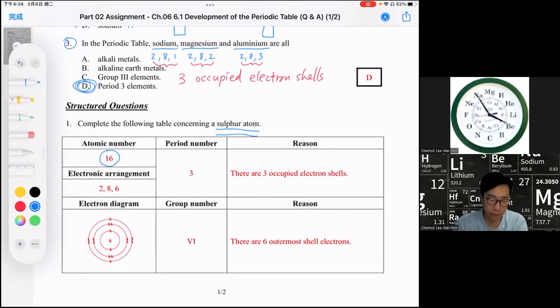Once you can do that, I'm sure you can write down the electron arrangement of a sulfur atom being 2,8,6, and also the electron diagram should be like this. Based on the consideration I showed you earlier in the multiple choice question, it is very clear that there are 3 occupied electron shells for a sulfur atom, and therefore it is again a period 3 element.